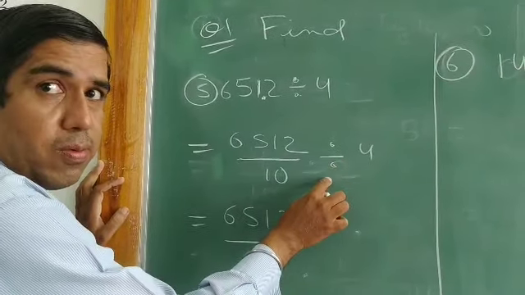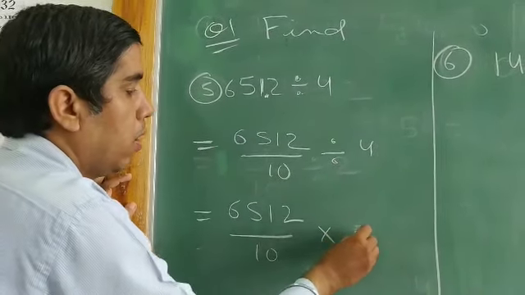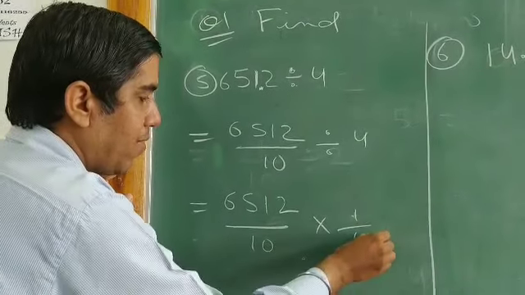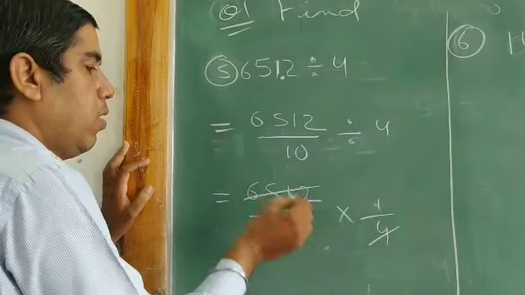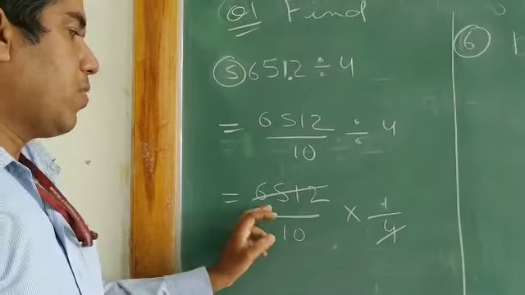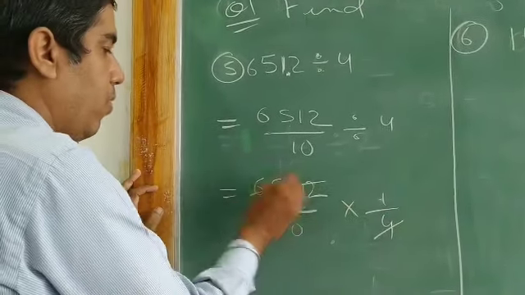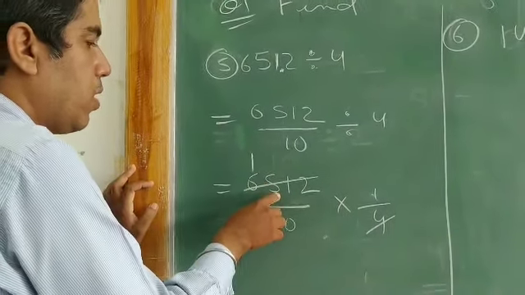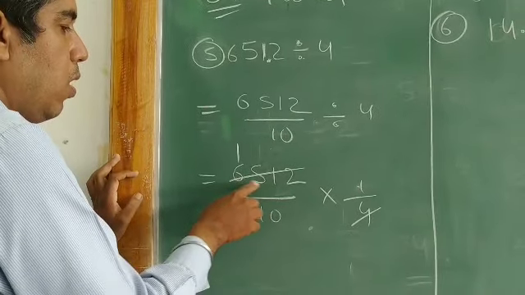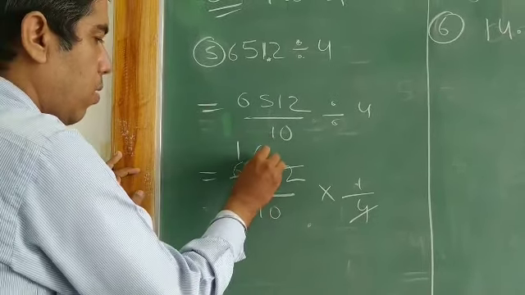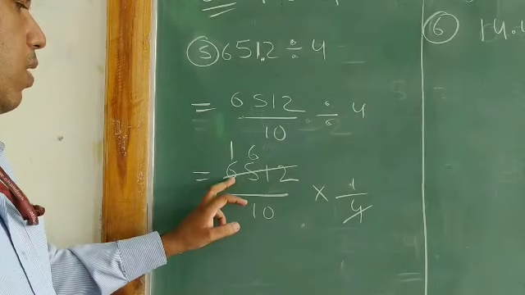Again I will convert this division to multiplication. So 1 by 4. Now I will do cancellation. So you can see here 4 goes into 16, 16 times. So 4 ones are 4. Then it comes here.